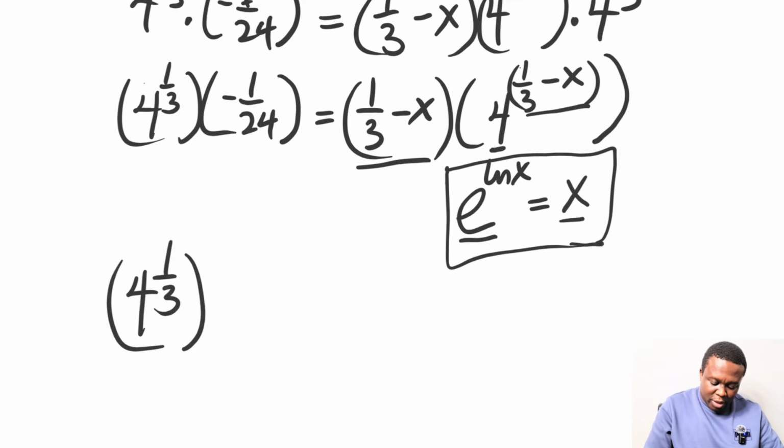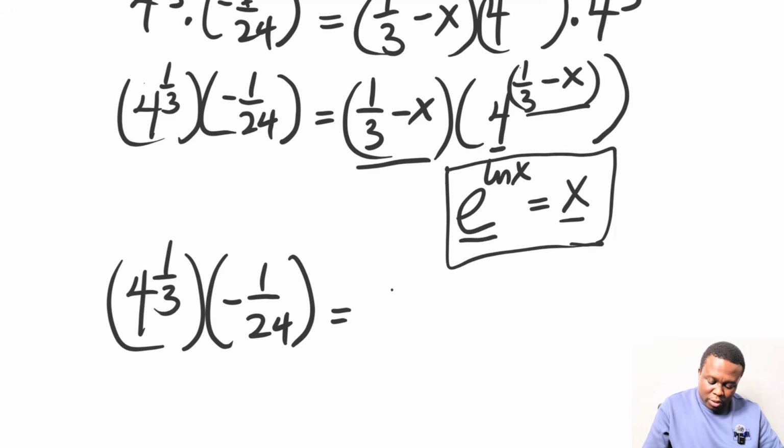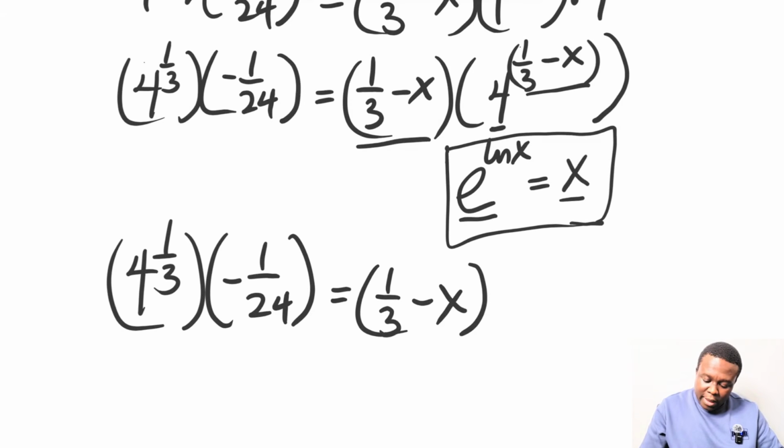So this becomes minus 1 over 24 times 4 to the 1 over 3 equals 1 over 3 minus x, and then now we have e raised to the power ln of 4 raised to 1 over 3 minus x.